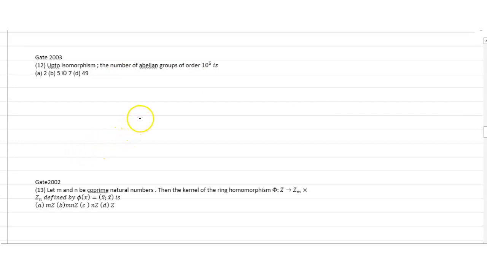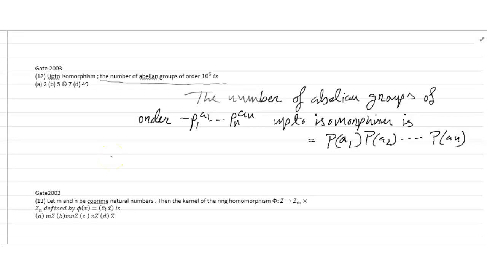Now the number of abelian groups of order 10 to the power 5. I have to find the number of abelian groups. The formula: the number of abelian groups of order p1^a1 ... pn^an, up to isomorphism, is p(a1) times p(a2) times ... p(an).